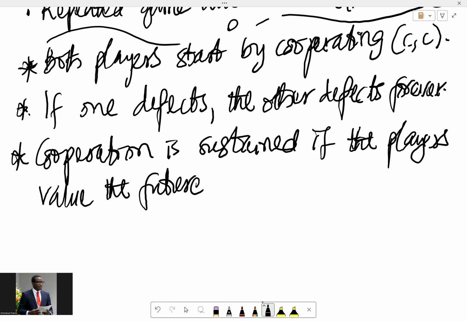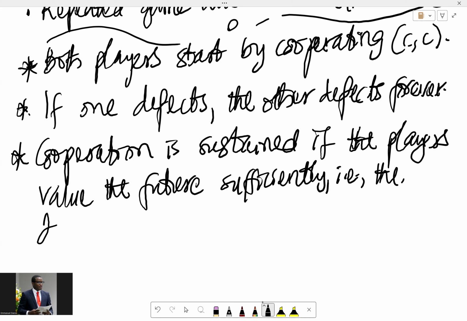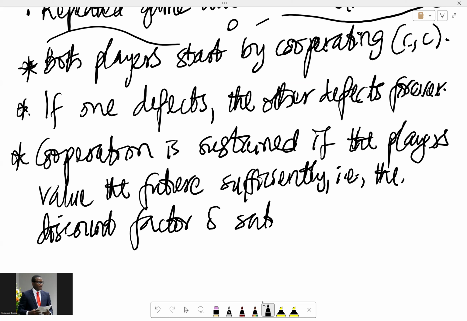If the players value the future sufficiently, a rational person wants to do something that will guarantee them future benefits. Of course, irrational people don't care. If they value the future sufficiently, that means the discount factor, which is known as delta, satisfies this.